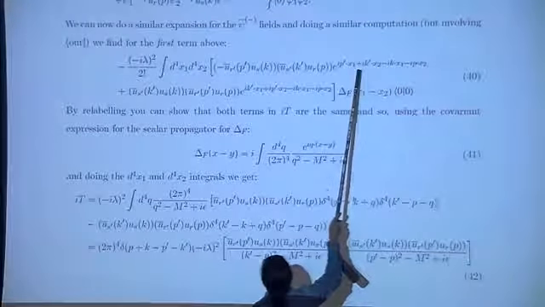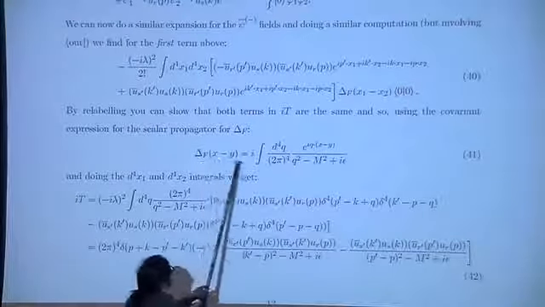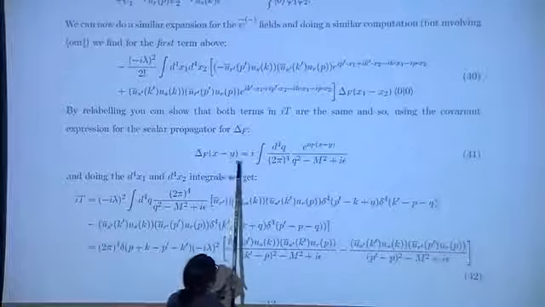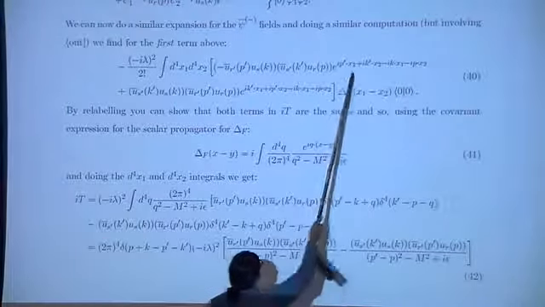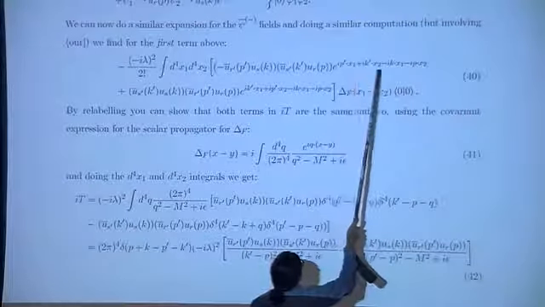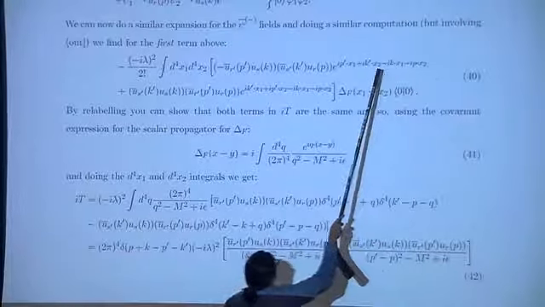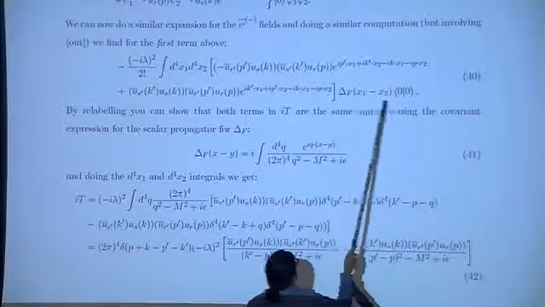I've written x and y, but they should be x1 and x2, right? So this should be x1 and this should be x2. And there's x1 and x2 here, x1 and x2. So you get 3 exponentials with x1 and 3 exponentials with x2 when you expand this guy out.